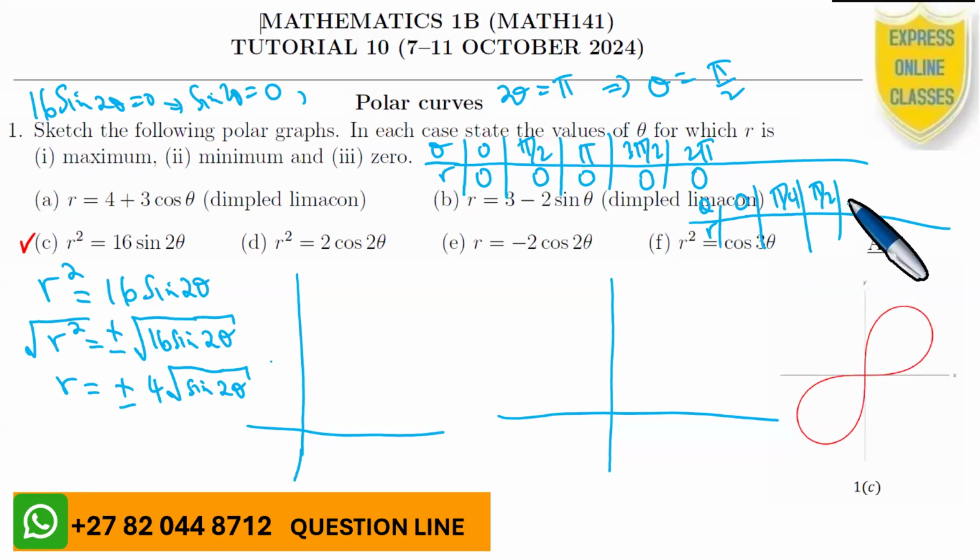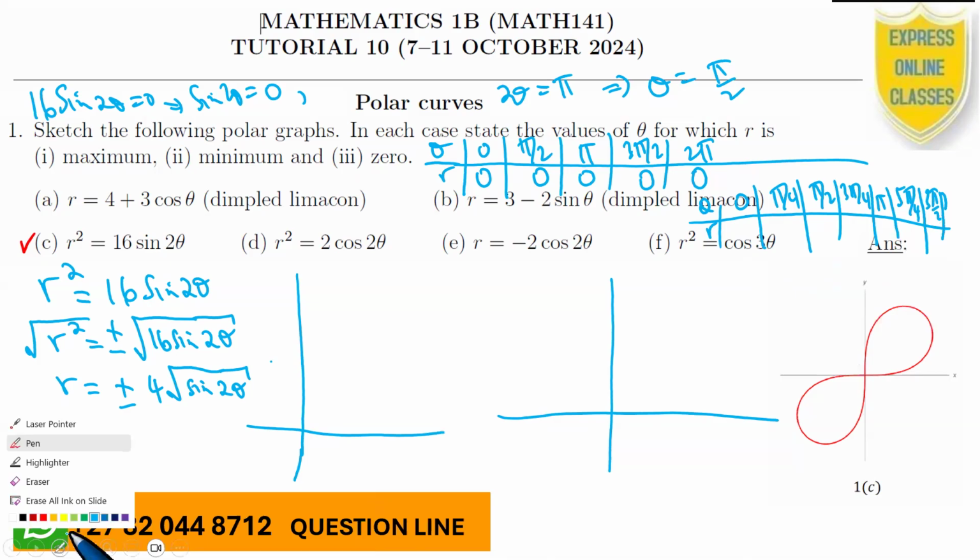We move in steps of pi over 4: 3 pi over 4, 4 pi over 4, 5 pi over 4, 6 pi over 4, 7 pi over 4, 8 pi over 4, which is 2 pi.